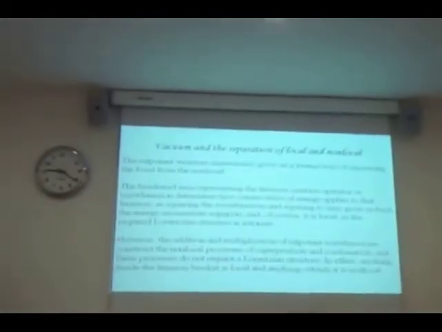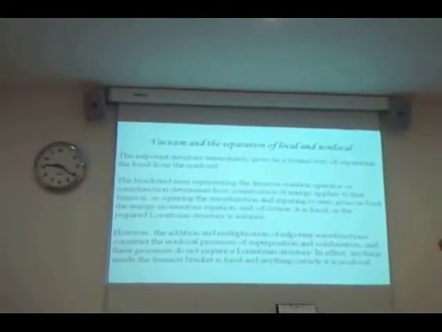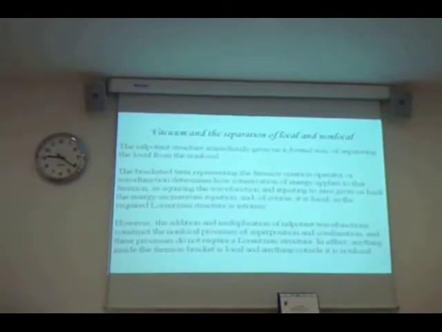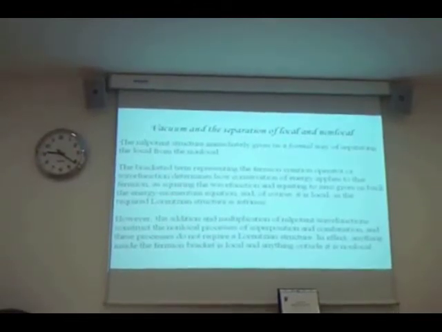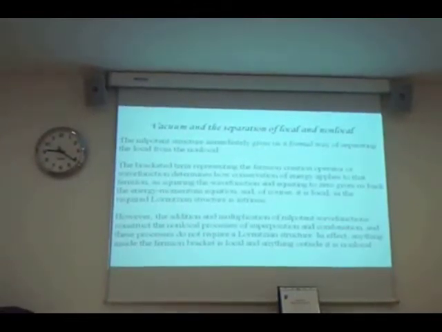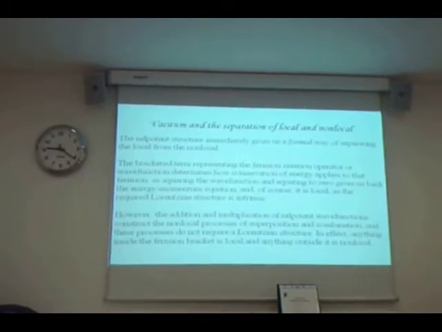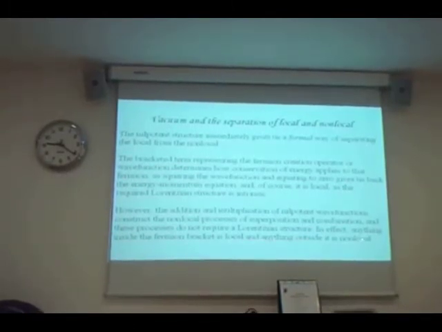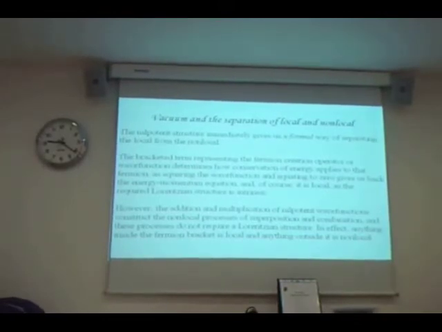However, if you add or multiply nilpotent wave functions, if you add or multiply these brackets, then that is no longer a local operation, that's a non-local operation. That's superposition, combination, all those things, they don't require a Lorentzian structure. So whatever's inside the bracket is local, anything outside it is non-local.